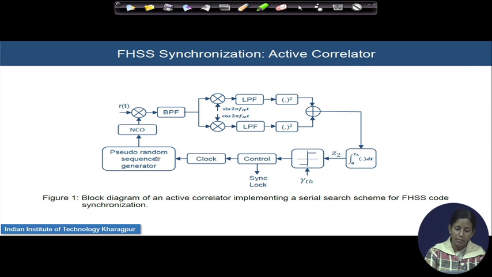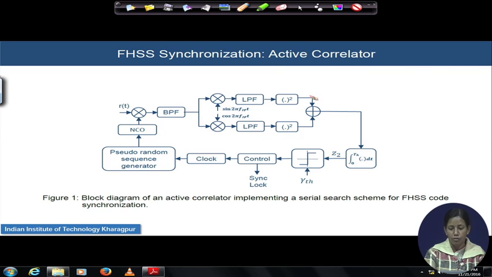So continuously the incoming signal is getting correlated with the locally generated pseudo random sequence. After the bandpass filter and this non-coherent detector architecture, the in phase and quadrature phase components are integrated over a duration of 0 to h times the hopping interval, and each output is compared with the predetermined threshold, and once it crosses it, the control will declare that a sync lock has happened.